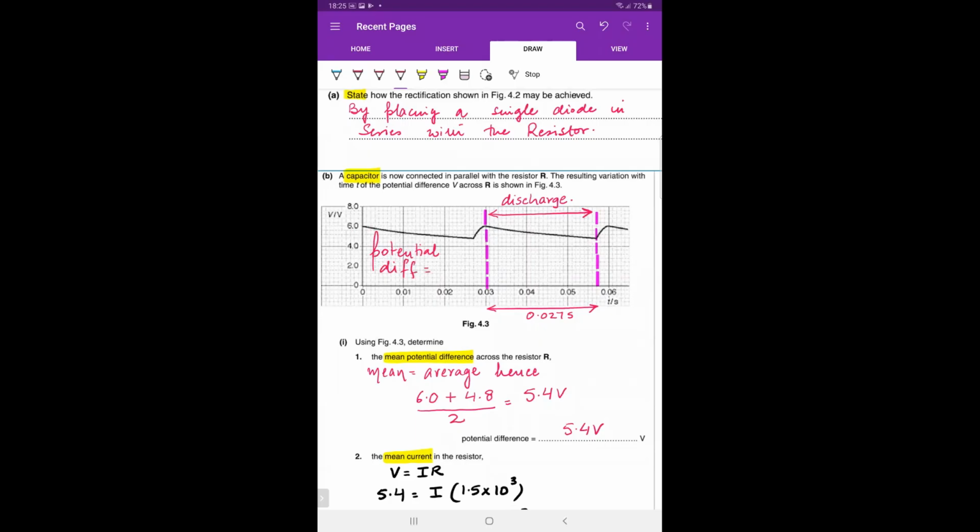So if the voltage drops from 6 down to 4.8, potential difference will be, sorry for the mess, लेकिन मैंने यहाँ लिख दिया है. I'll just make an asterisk and then I'll write down this value at the bottom.